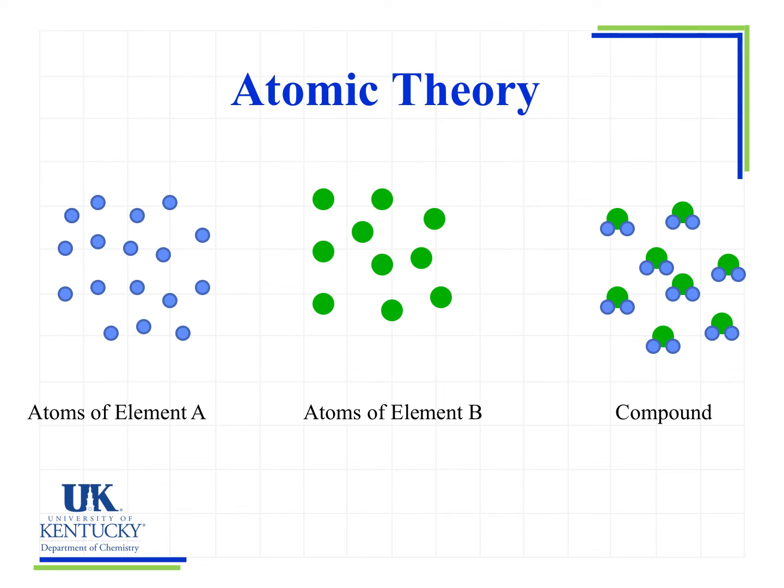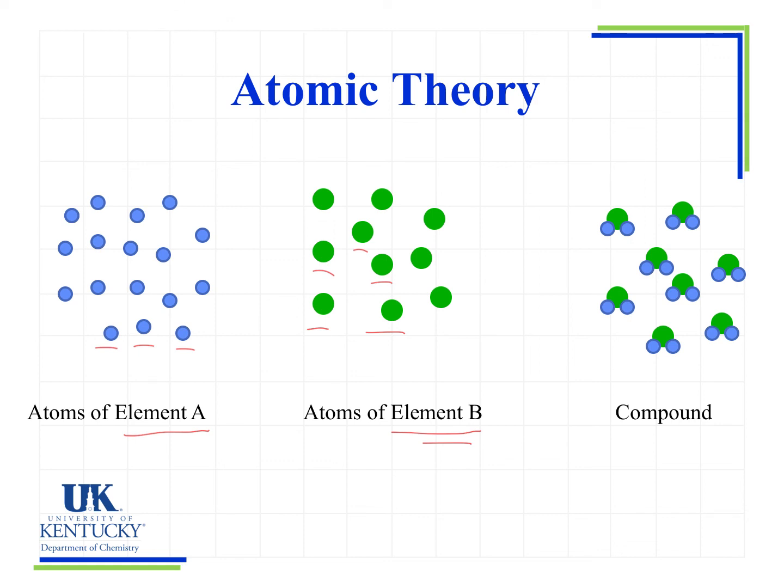This figure basically shows what atomic theory is. In the first statement we said that elements consist of indestructible particles, and statement 2 says these particles are identical. As you can see, in element A you have these blue ones that are all just like each other, and in element B you see these green dots that are exactly like each other.